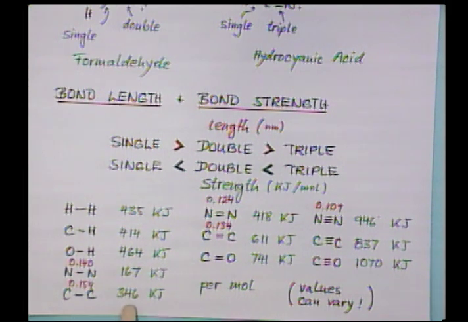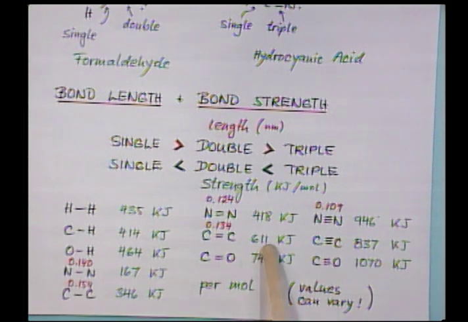So you could say that it's not quite a multiplication effect, a doubling effect. 346 times 2 would be more than the double bond, and 3 times this would also be more than the corresponding triple bond. So there's no linear relationship here.